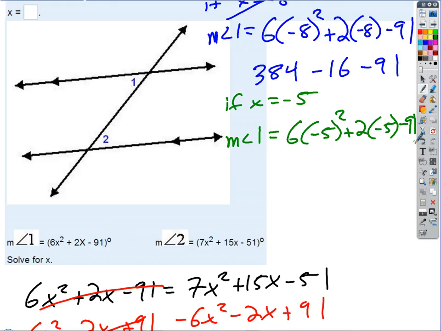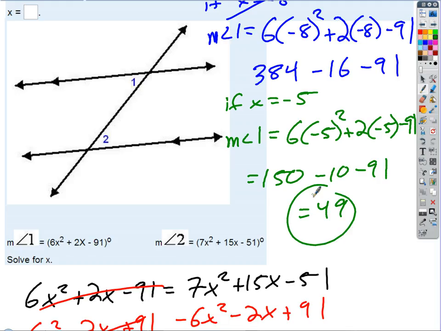What's negative 5 squared? Times 6? 150. 150, and then I get minus 10 minus 91. That's minus 101, so I just get 49. That's good, isn't it? That's reasonable. So then we know that the correct answer that Moodle wants is negative 5.